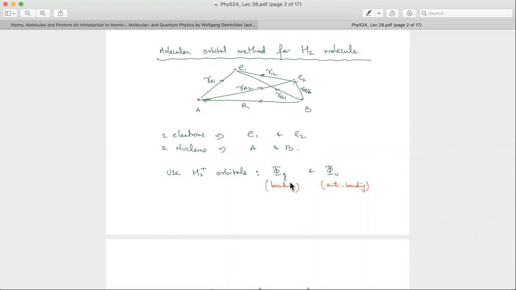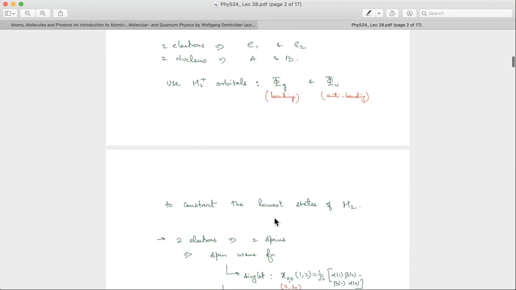The corresponding potential has a bound state for the nuclei, and the ungerade states are called anti-bonding orbitals because they do not have any bound state solution for the nuclear potential. So we'll just use these two orbitals, basically. We know that this is the lowest energy state, and this is the first excited state, etc. So we'll use these to construct the lowest states of the H2 molecule.